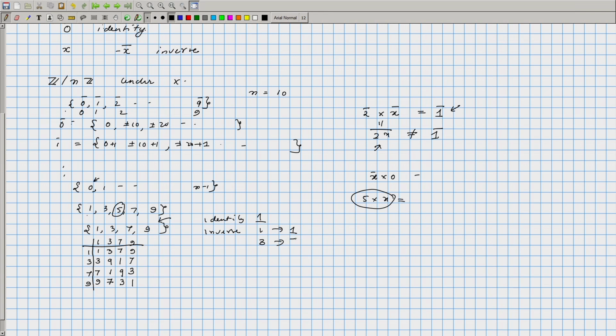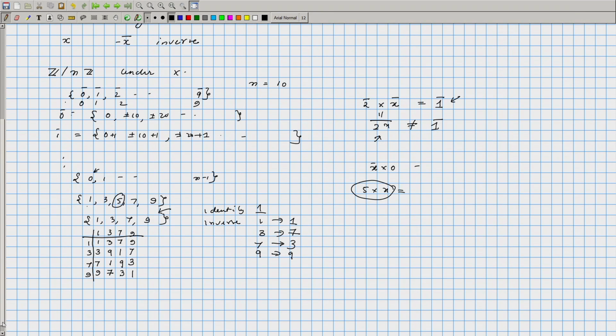So, inverse of 3 is 7, inverse of 7 is going to be 3, inverse of 9 is going to be itself. Once we have verified the identity and inverse, associativity comes for free and we have checked this is a valid operation. Therefore, these elements form a group.